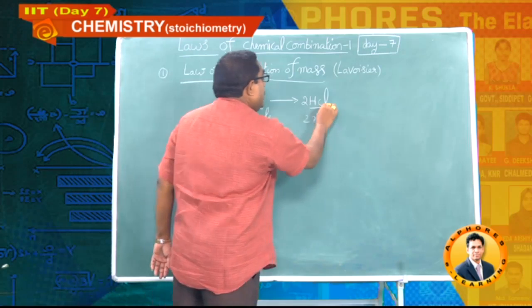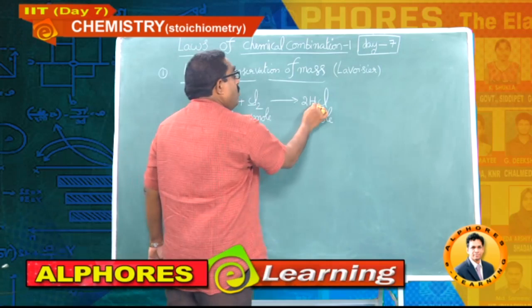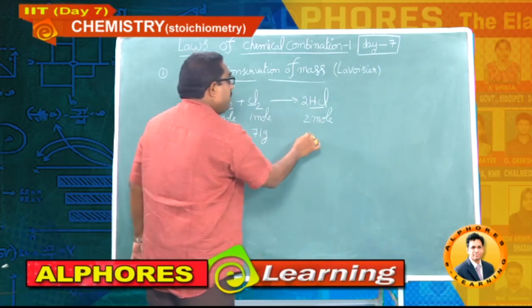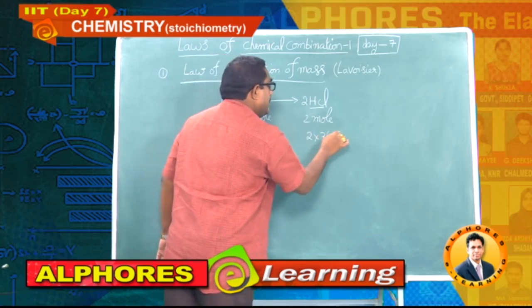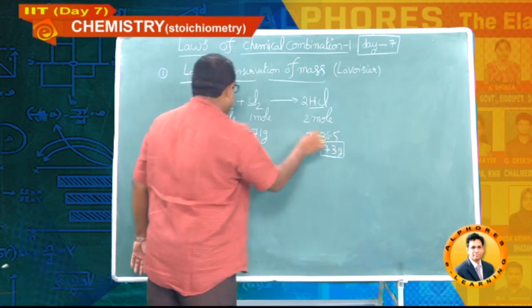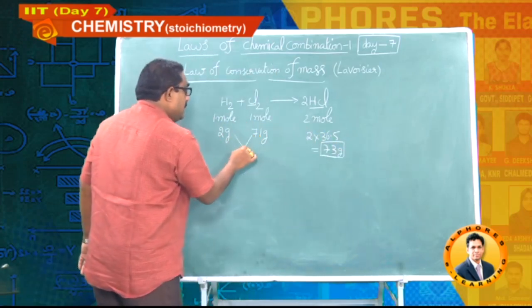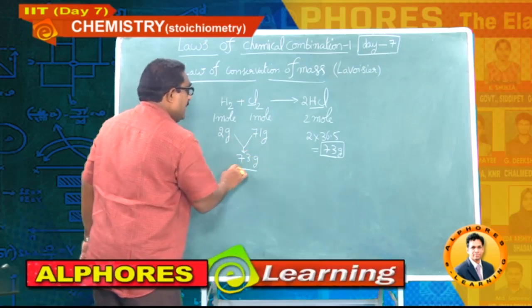Similarly, if you calculate the molar mass of HCl, 1 for hydrogen and 35.5, that is 36.5, 2 moles are there, 2 into 36.5, so this is 73 grams. Here, if you add these two also, you will get 73 grams.